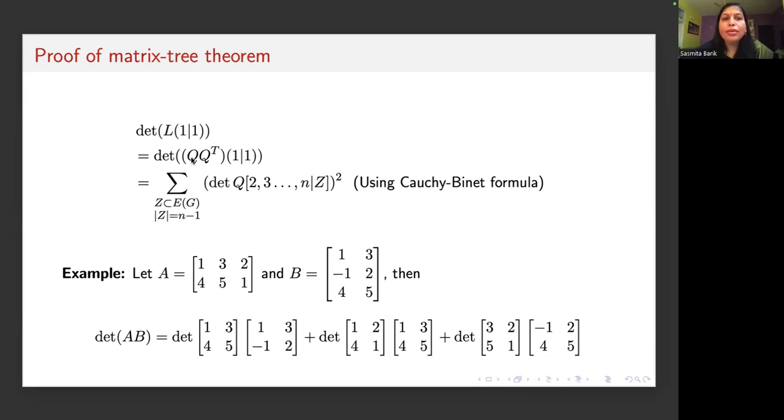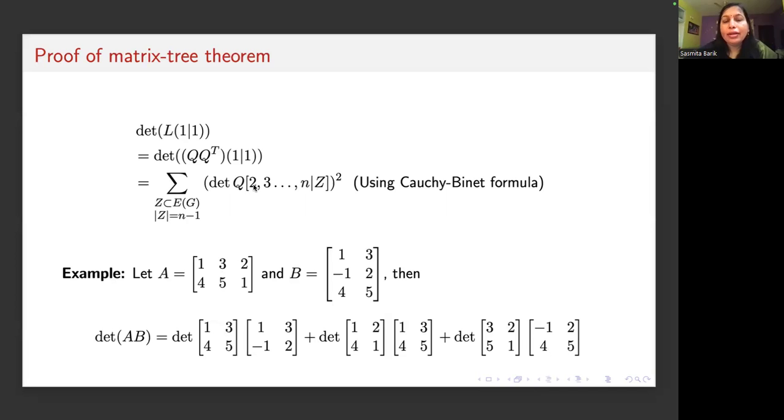Your Q is N cross M. And when you are taking a submatrix here, L11, you have already deleted your first row and first column. So this Q Q transpose L11 has N minus 1 rows, because you have deleted the first row and first column.